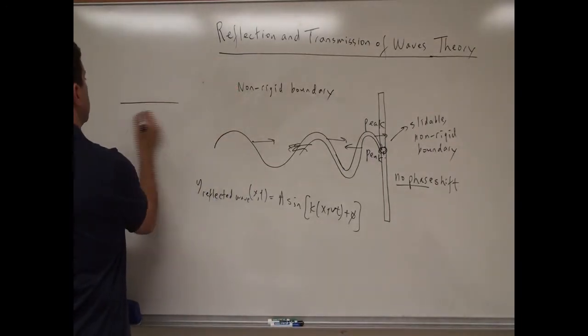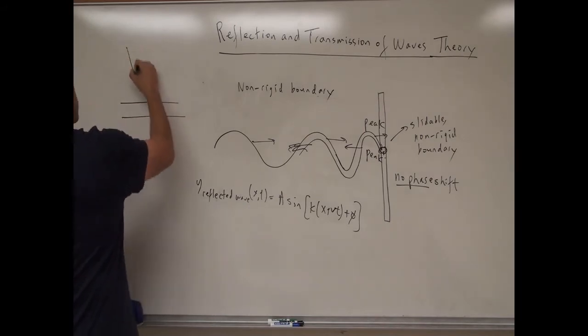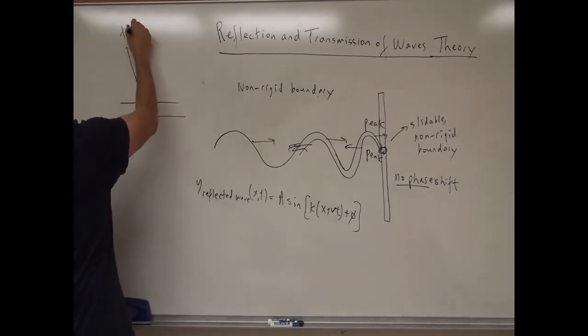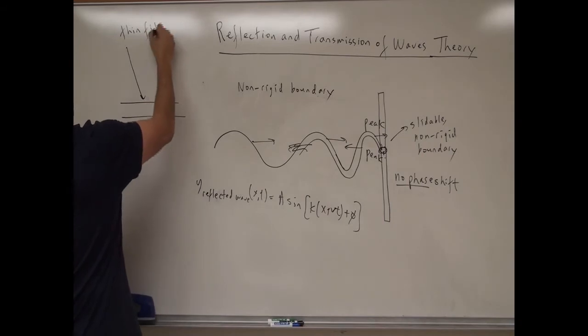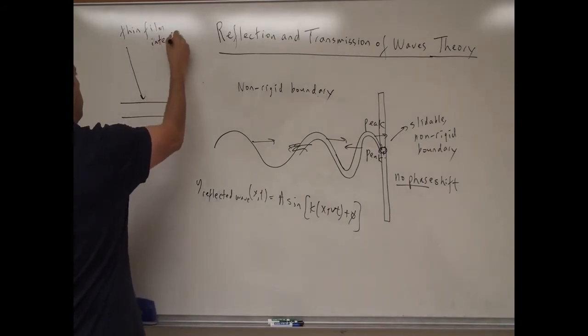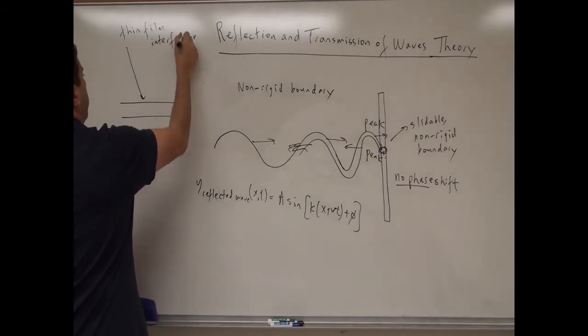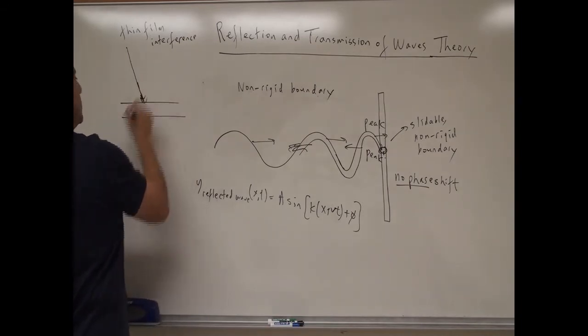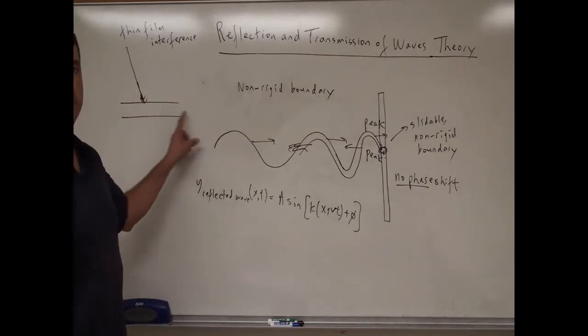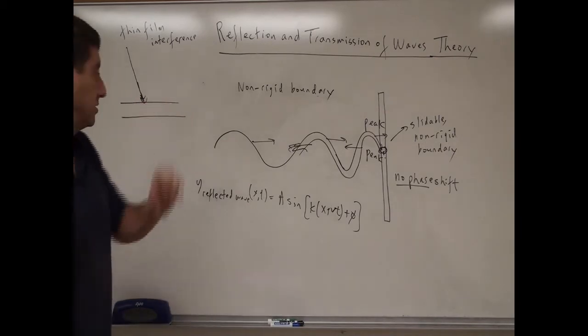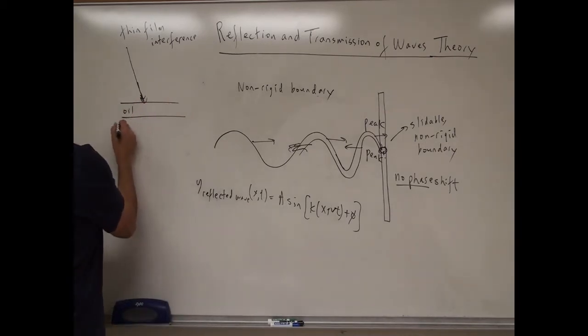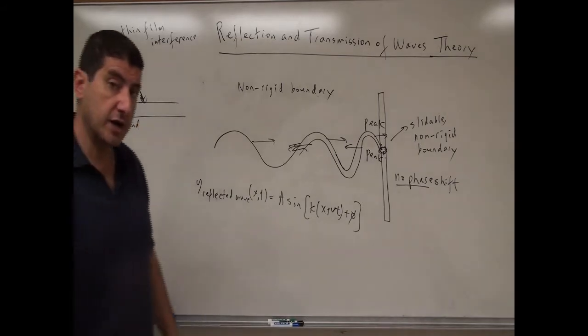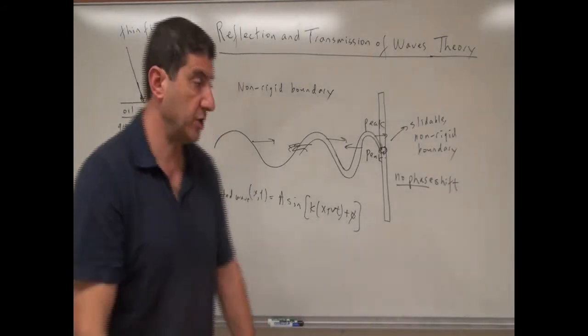So if you have a light that comes, this topic is called thin film interference. So a light wave will come, and let's say you have a layer of oil. Let's say this is a layer of oil, and then this is the ground. So there's a layer of oil on the ground.